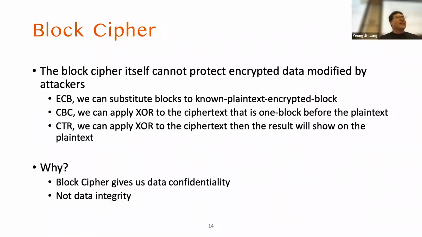So we examined what kinds of modes of the block ciphers are available. And then we have seen the problem of each approach. For ECB, we can launch the block substitution attack. And for CBC, we can edit the ciphertext one block ahead, apply some bit operations, and that will be directly shown on the plain text of the next block.